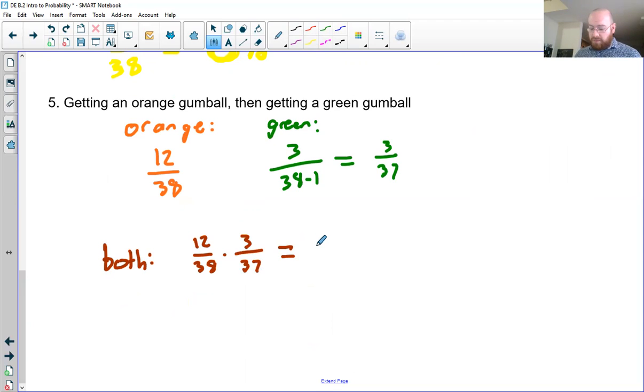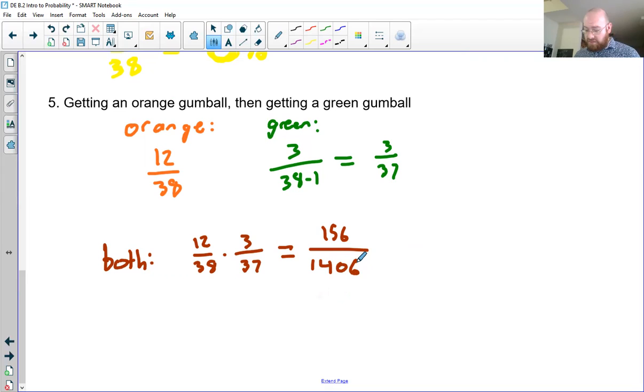So 12 times 13 is 156. 38 times 37, hold on, what's going on? That was very strange. 38 times 37 is 1406. I can see if this will reduce on my calculator.